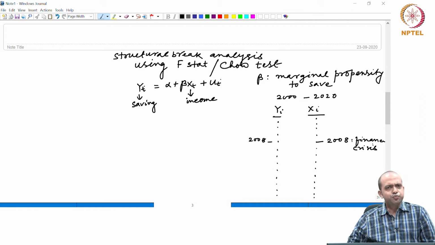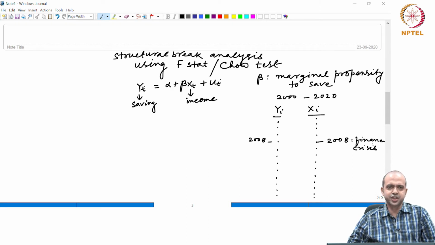Because of this financial crisis, which acted as an external shock, it might so happen that the consumption and saving behavior of the people changed drastically post financial crisis. It may so happen, and as a researcher, that is my hypothesis, or that is my guess.